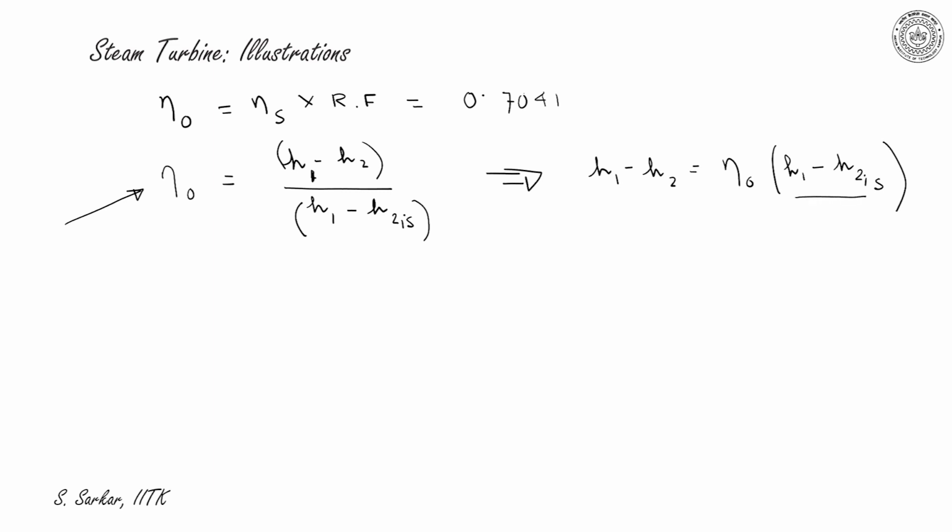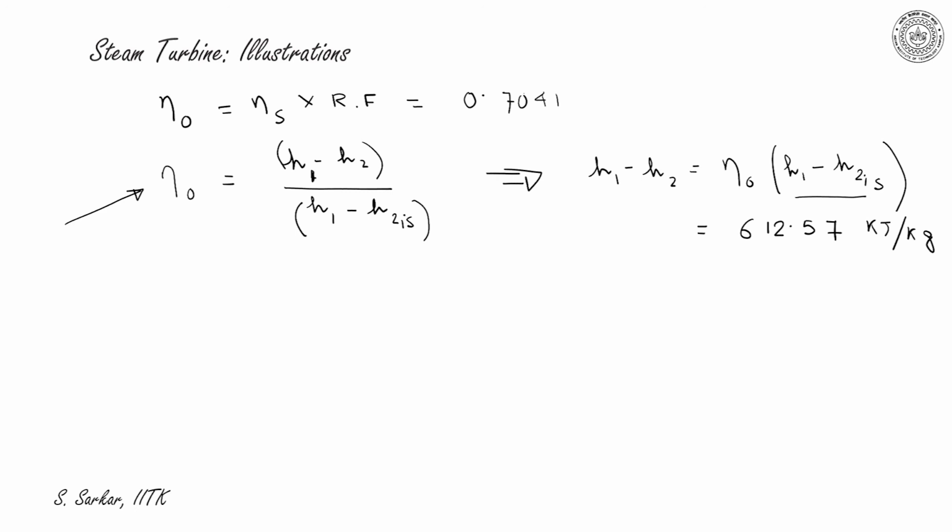So this is known, which is in the bracket. So I can get H1 minus H2, which is the actual enthalpy drop, as 612.57 kilojoule per kg. Right? So what will be the number of stages then?